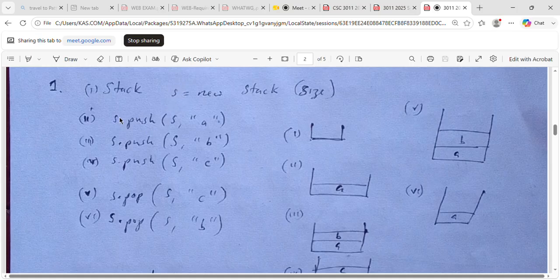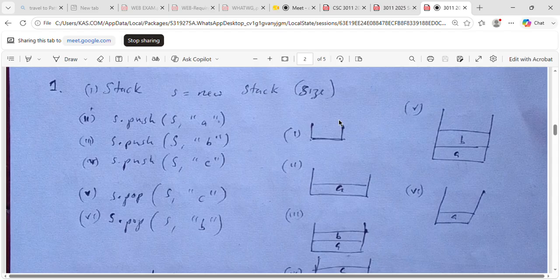So when you say s dot push, please be very specific. When you say stack s equals new stack, you can put x here, it doesn't matter. Stack equals new stack, then the size there. What you are creating is an empty container.